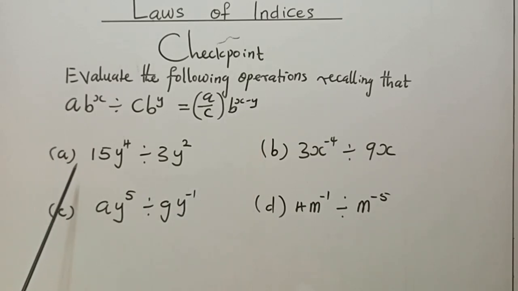The first is 15y to the power 4 divided by 3y to the power 2. Number 2, that's number b, is 3x to the power minus 4 divided by 9x. The third one is a y to the power 5 divided by g y to the power minus 1. The last one, and that's number d, is 4m to the power minus 1 divided by m raised to the power minus 5.